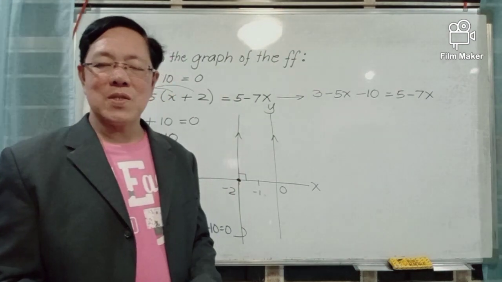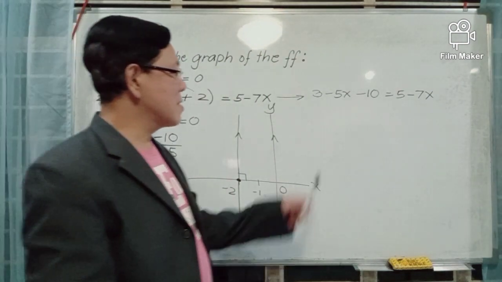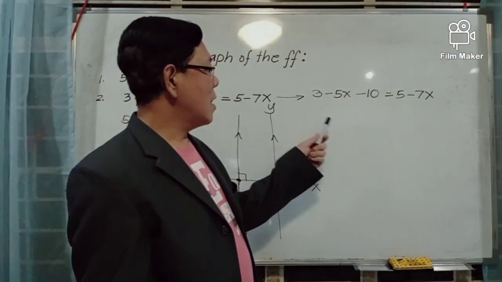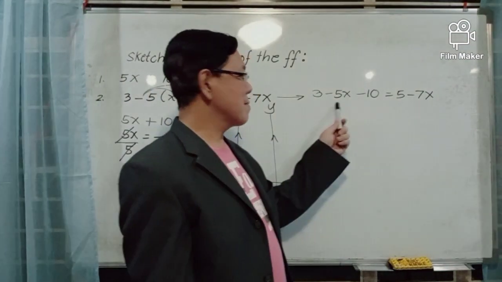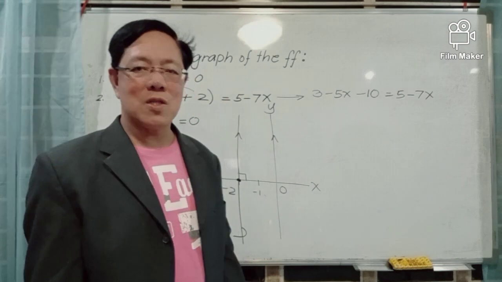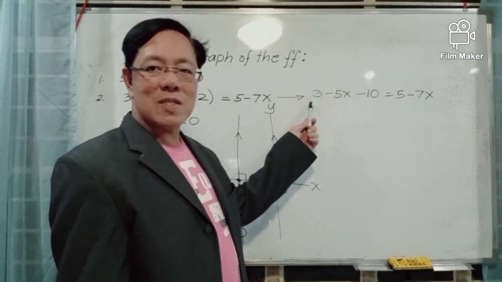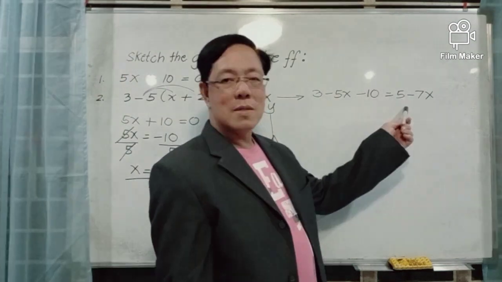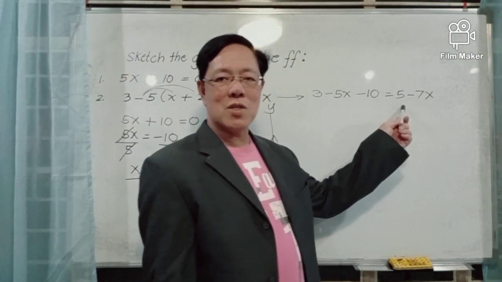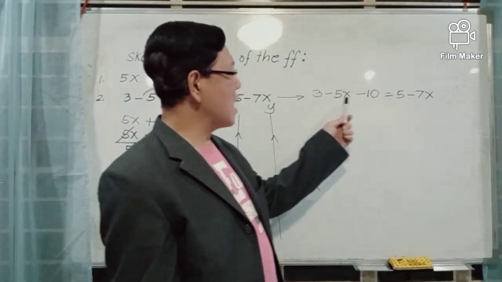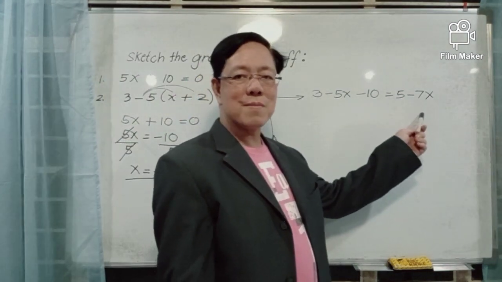And the next step is to collect all the constant terms in one side of the equation, and all the terms with x at the other side of the equation. I will collect all the constant terms on the right-hand side of the equation. That means we have to transpose +3 and -10 to the right.